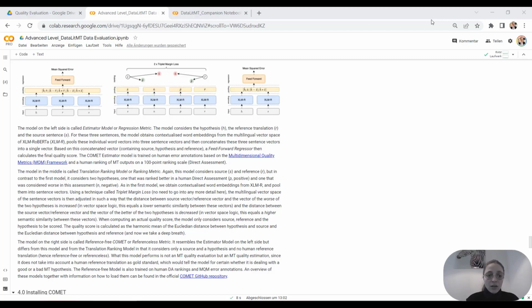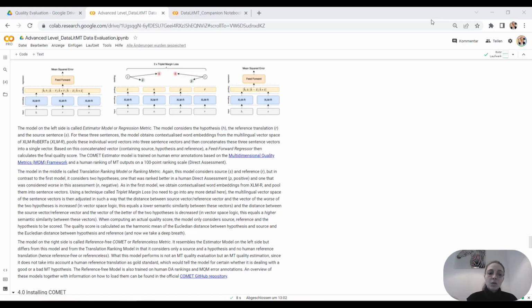The distance between the source and reference, in comparison to the vector of the worse hypothesis, is increased. If the distance increases, it means there's a lower semantic similarity. So now they're further away from each other, meaning-wise.